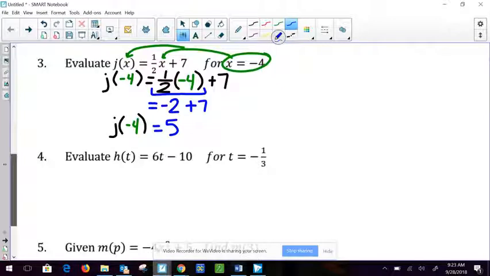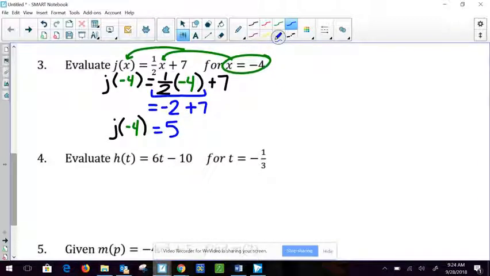Final one like this. Number 4 is saying evaluate h of t equals 6t minus 10 for t is equal to -1/3. I know some of you are thinking, how is this different? It's not any different at all. I'm telling you what t is. You put t in for t in both parts of the equation.